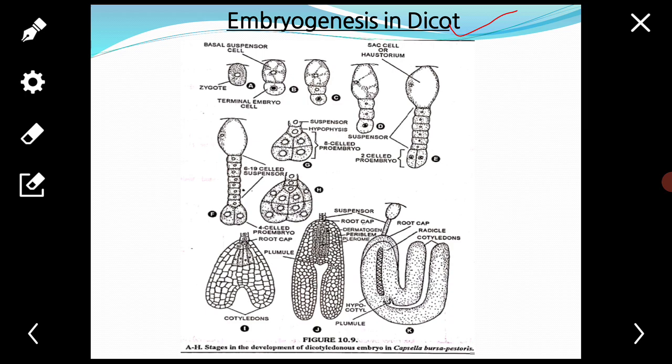In a typical dicotyledon, here the example of Capsella bursa-pastoris is given.